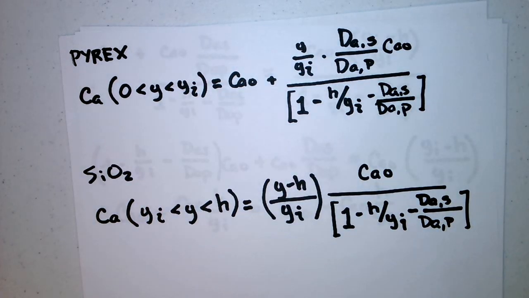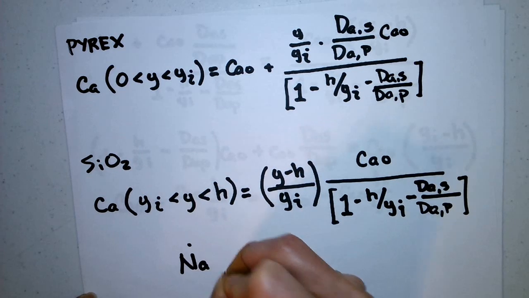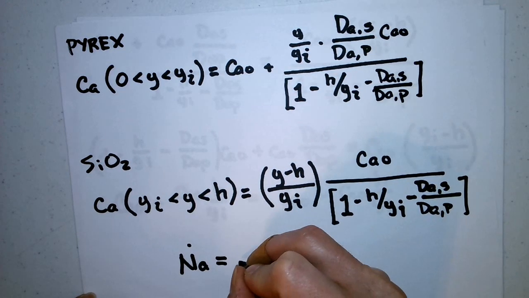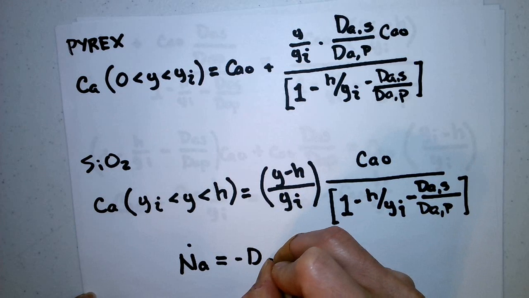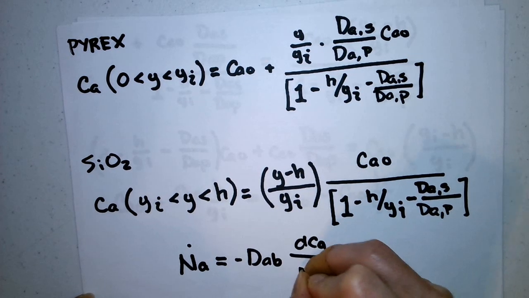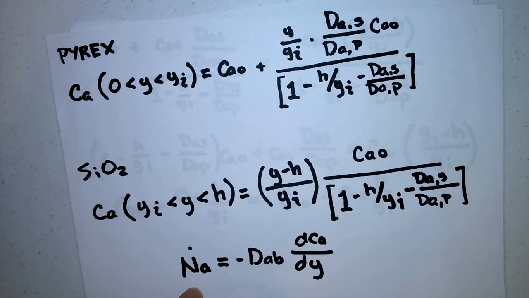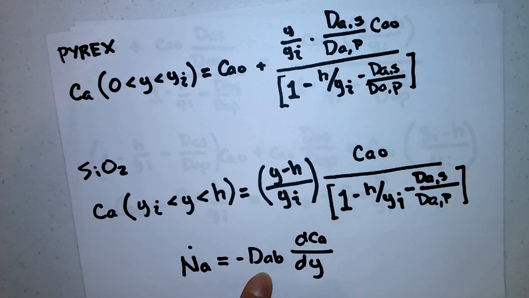So we can solve either of these for the first derivative and multiplied by the diffusion coefficient, right? Using Fick's law, what we need to do is say that the flux of A, of helium in this case, is equal to negative the diffusion coefficient.